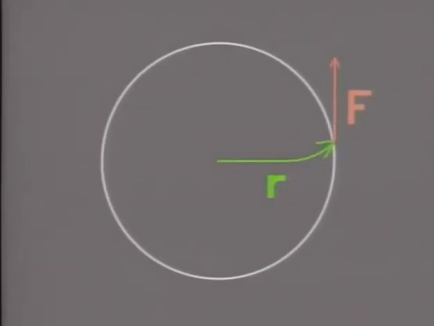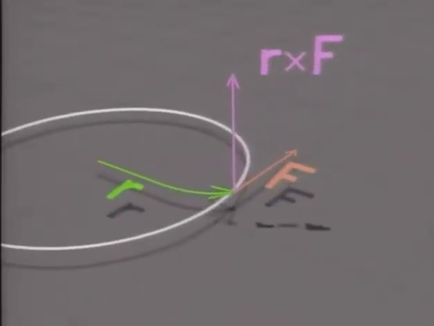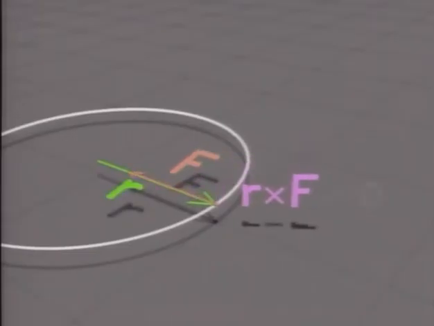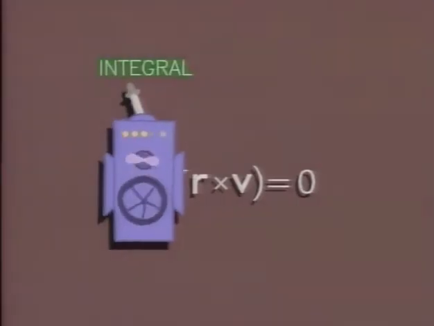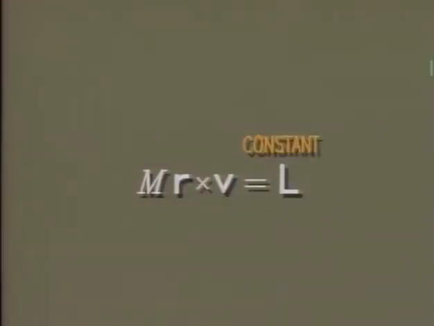Twist or torque cannot be applied by gravity. Zero torque, together with Newton's second law, leads to a differential equation ready to be integrated. When there is no torque, a certain quantity, m r cross v, is constant.